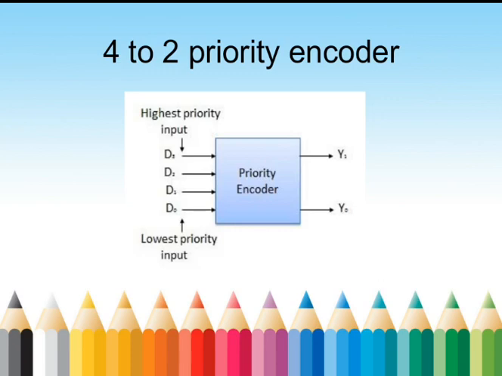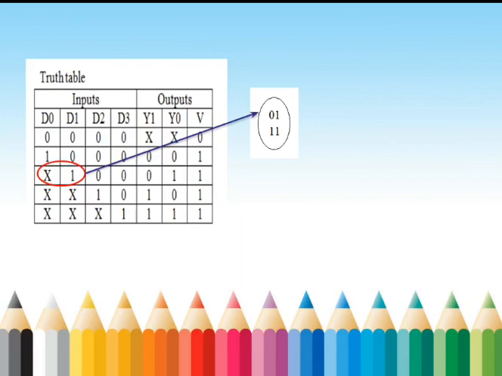The same can be expressed in the truth table. The input columns are D0, D1, D2 and D3. The output columns are Y0, Y1 and V. V represents the valid output indicator.